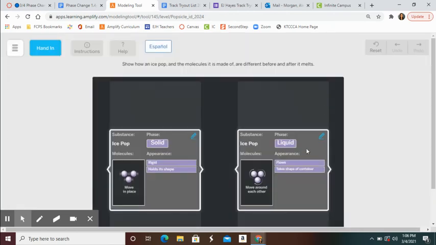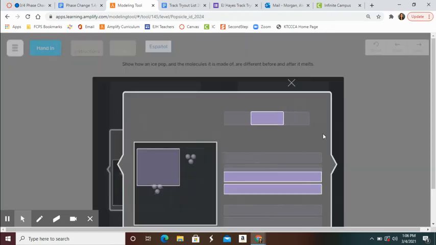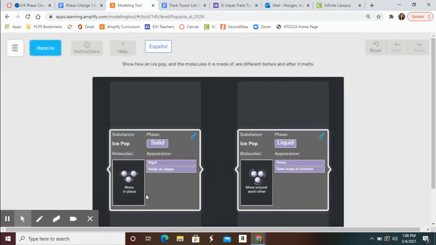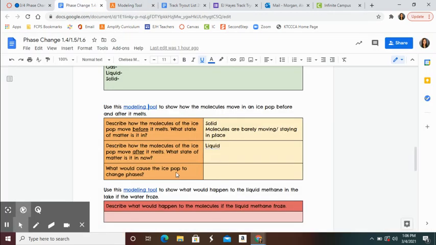Then you're going to look at what it would look like after it melts. We know when it melts, it goes from a solid to a liquid. And in a liquid, the molecules are moving around each other, but they're still staying close by because they will flow together and take the shape of the container they are in. Looking at that, you will then fill in your questions. I started it to help my last group get started.